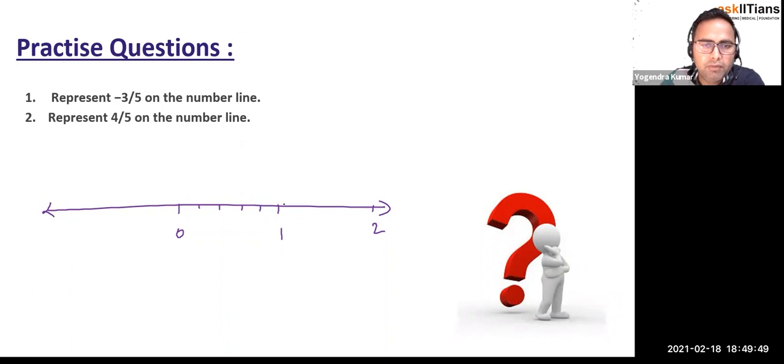Remember that when we are making 5 parts, in between how many points we need to locate? 4 points, so that 5 parts will be created. So now here 1 by 5, this is 2 by 5, this is 3 by 5, this is 4 by 5, and this is 5 by 5, which is 1. So 4 by 5 is this one, right?